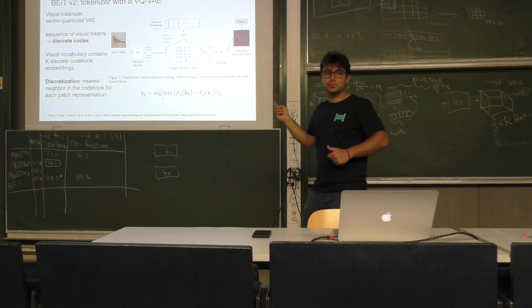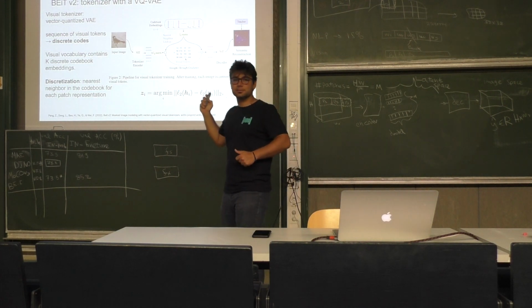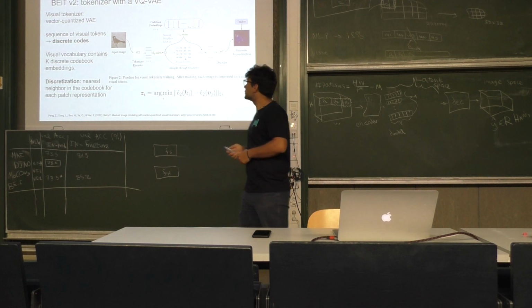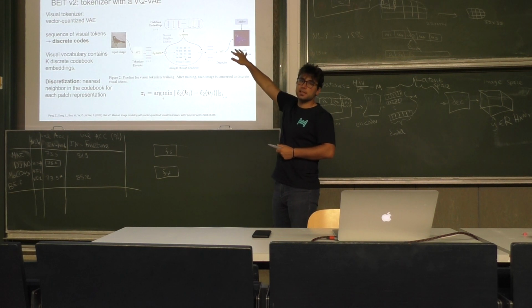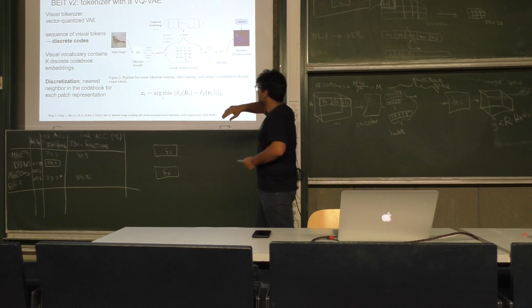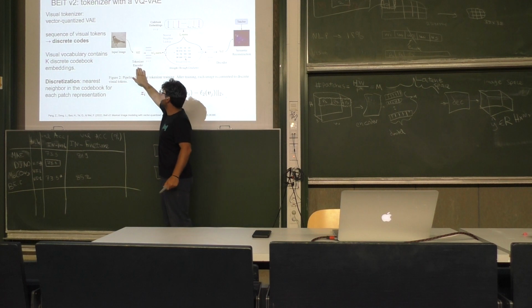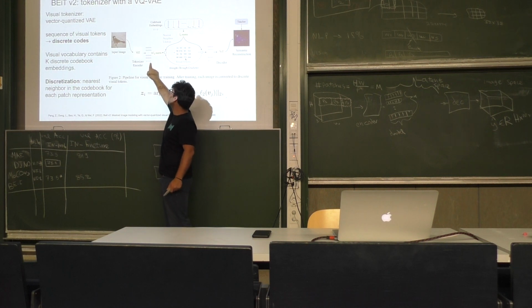Okay, I will just repeat one more time. Any question? Yes? Codebook embeddings. These are initially, in the beginning, randomly initialized vectors. So you do a forward pass from the vision transformer. You get n, the number of patches, and d, the embedding dimension or d model.